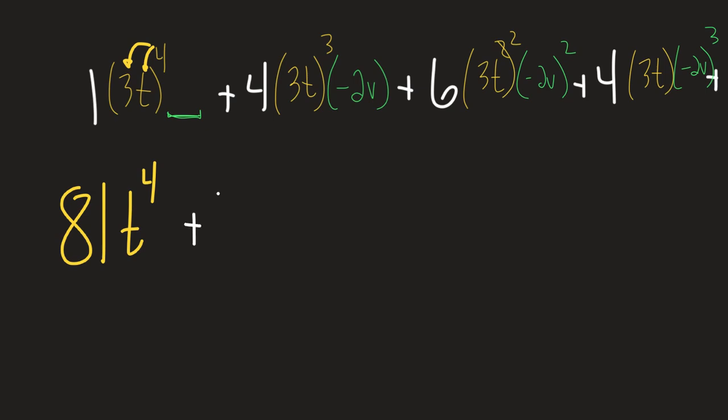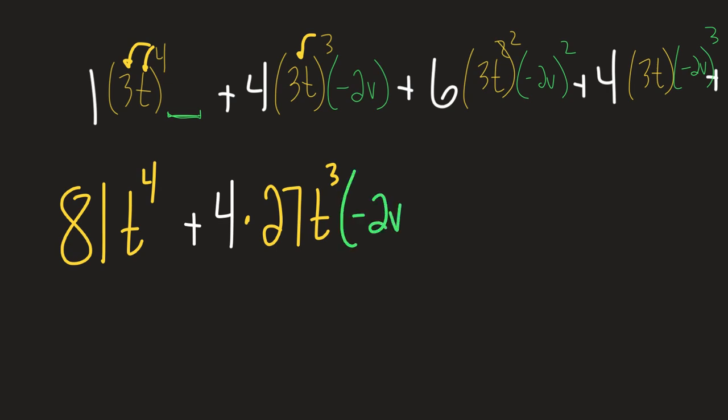And then plus 4 times 3t cubed, which is 3 times 3 times 3. That's 27t to the third power. And I'm going to eventually multiply that by -2v also. So I'm just doing some simplifying before I do my expansion.